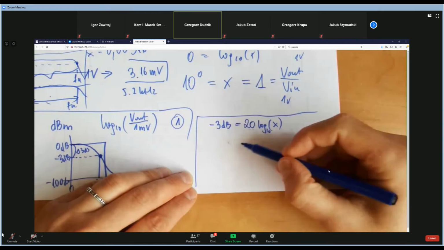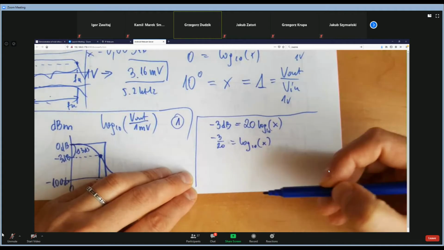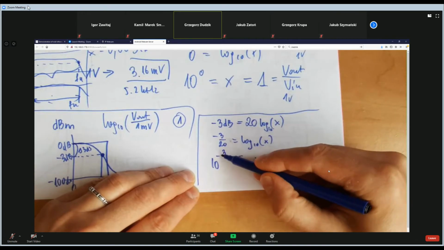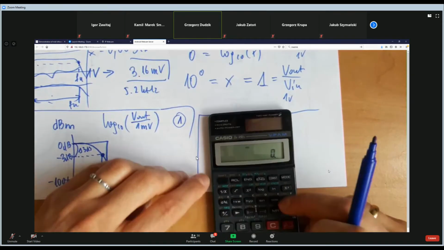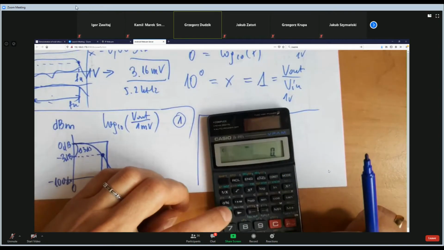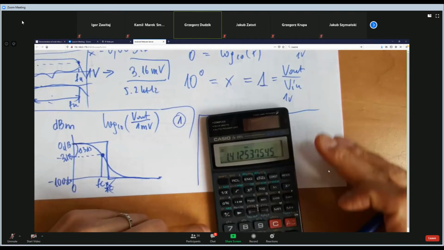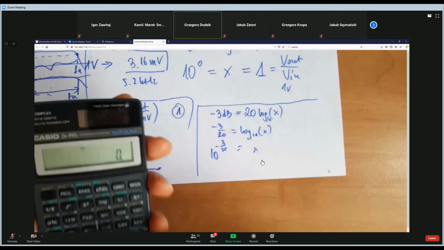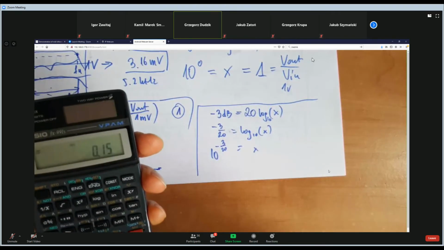So very quickly, it is minus 3 over 20, and x is equal to 10 to the power of minus 3 over 20. Okay, I will just use the calculator.